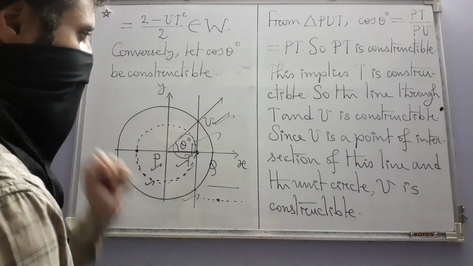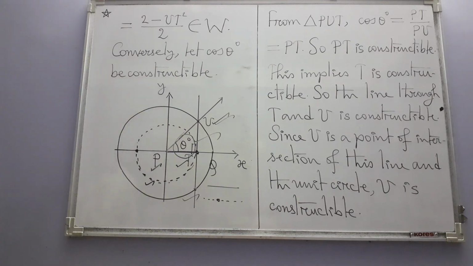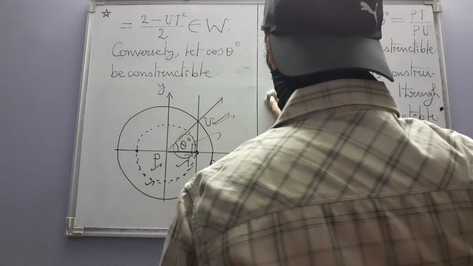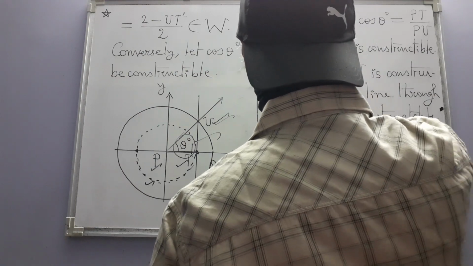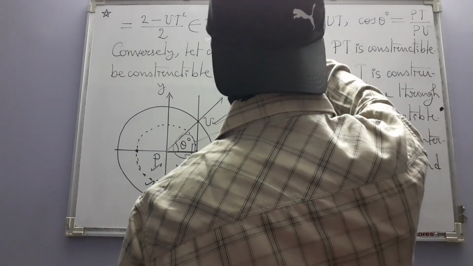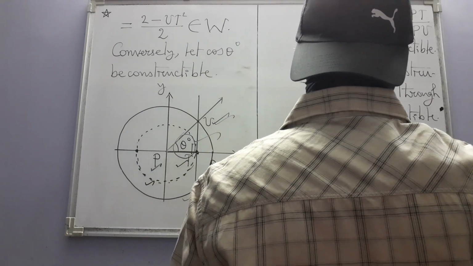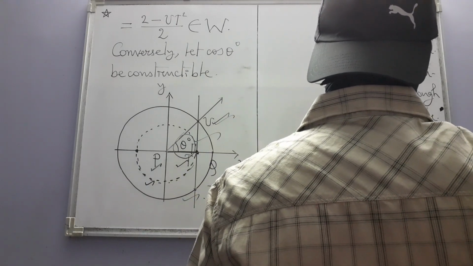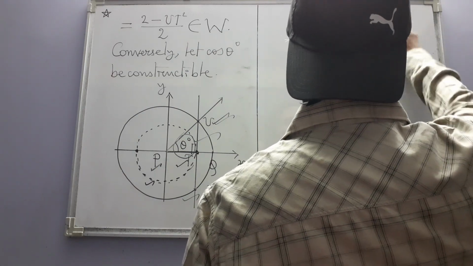So that's why theta is constructible. That's it. That means constructibility of an angle, a geometric angle, is equivalent to constructibility of the number which is the cosine of that angle.